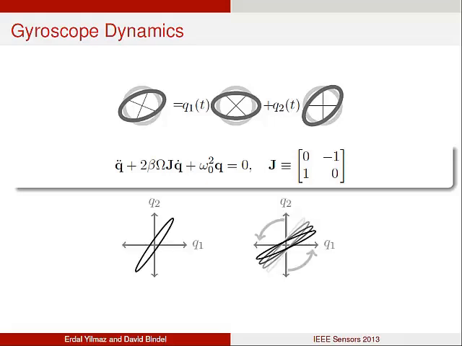For the non-rotating case, in general, q1 and q2 follow an elliptical trajectory. And when the device is rotating, this elliptical trajectory also rotates. The rate of rotation of this elliptical trajectory is proportional to the rate of rotation of the device, and it is device specific. And this is the basis for the solid-wave gyro.